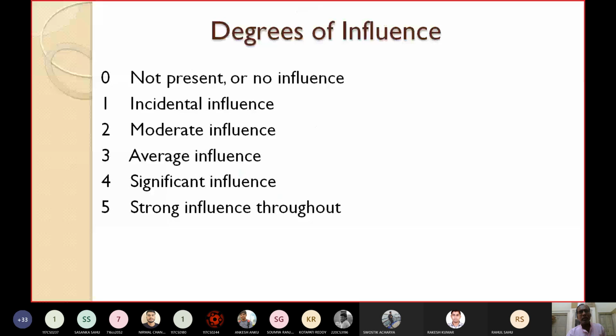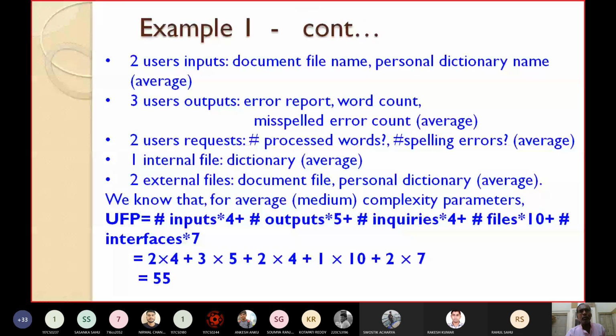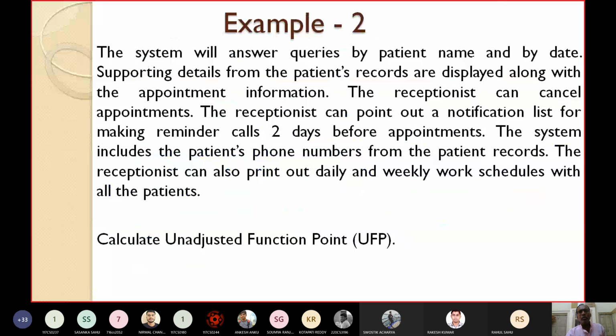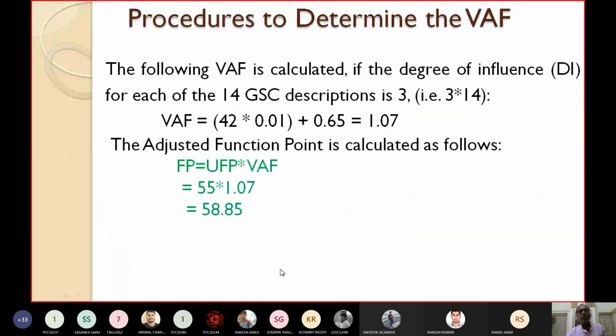How much did we get for the problem? The unadjusted function point is 55, and I have assumed that all the 14 general system characteristics are of medium influence. So the VAF we found is 1.07.